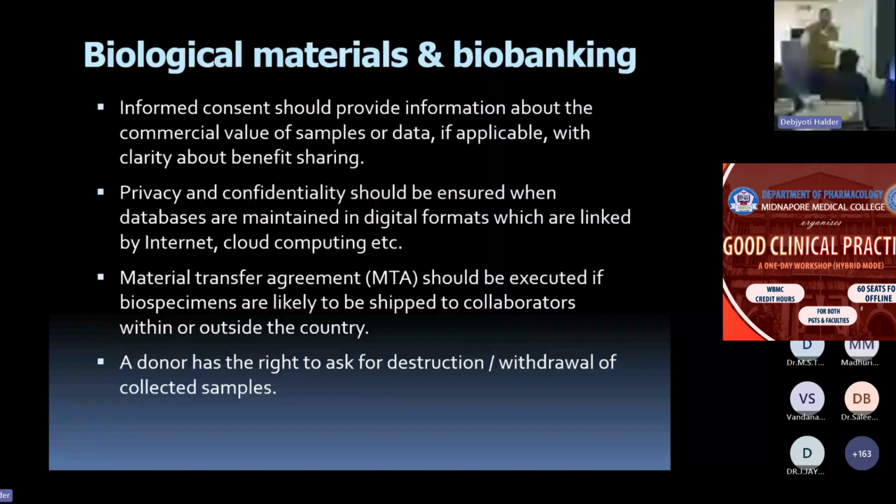Henrietta Lacks was an American woman, a black American woman. She died of ovarian cancer. In the hospital in which she died, her tissue specimens, the ovarian cancer specimens, were stored, and they were used to generate this HeLa cell line, which is an immortal cell line, which you can use for many different types of cancer research.